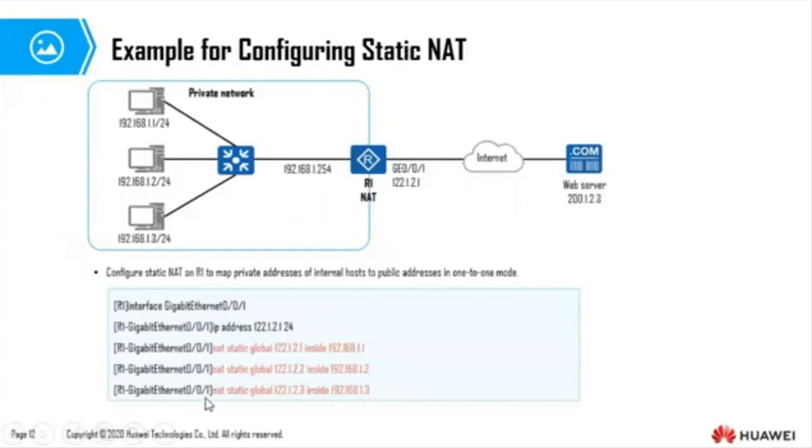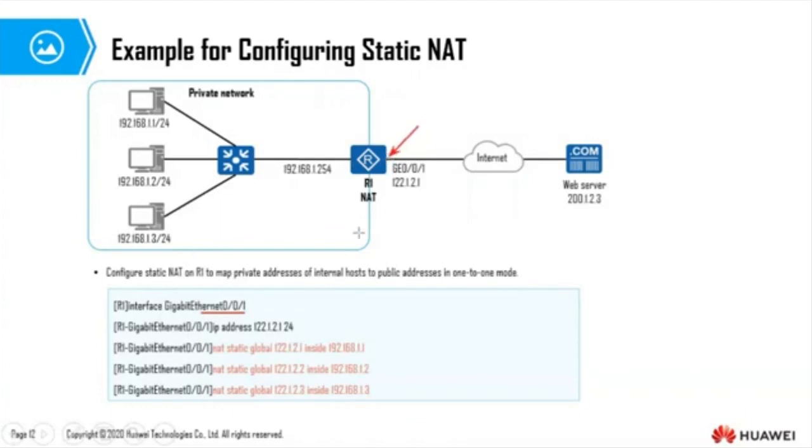So this is an example of configuring static NAT. Okay, so we are doing it on interface view. We go to the interface we want to configure it on.